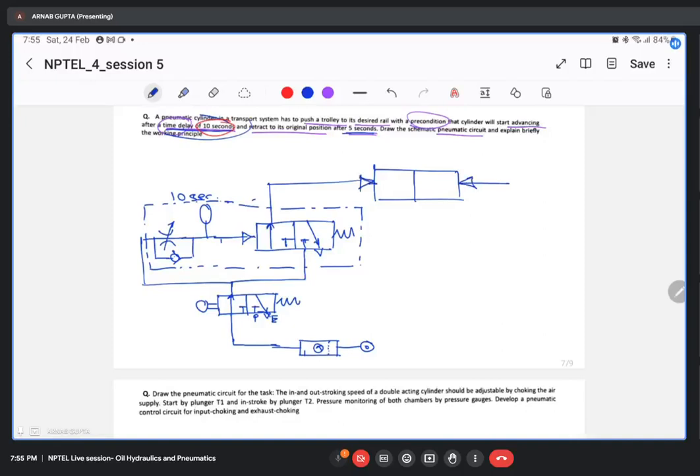So this signal will be for the extension. This signal will be for the retraction. Generally this is made as a dotted line rather than a firm line. You should see that these particular lines are center lines. However, these ones are dotted lines. So these are all standard. I am not doing it randomly. It's a standard.